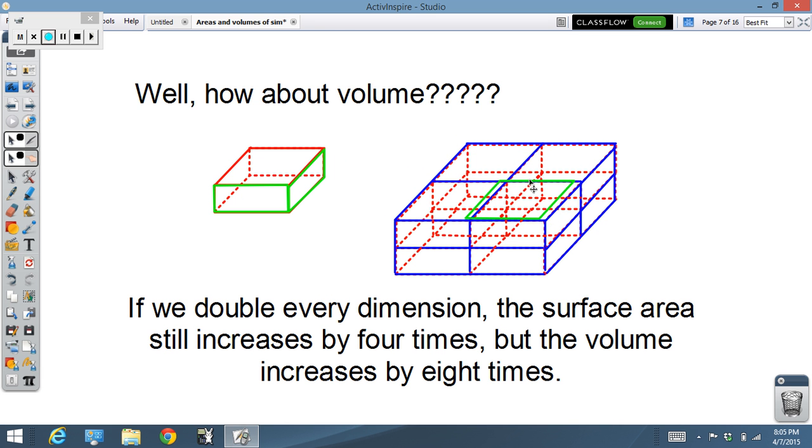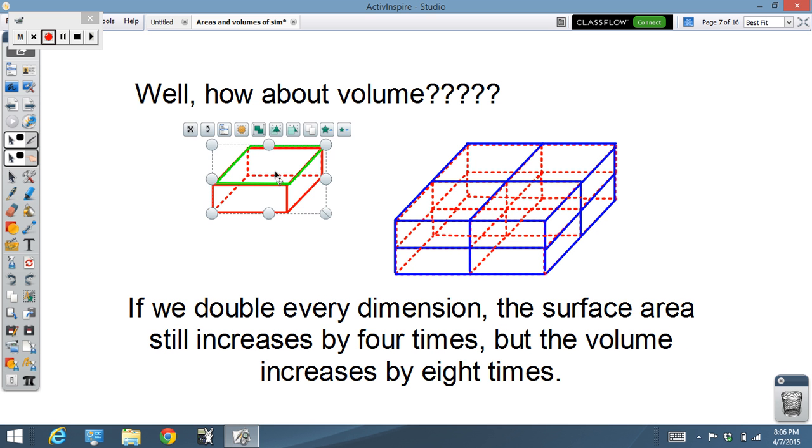Every one of these sides, see the top, how I can fit 4 of the original tops onto the bigger top, 4 of the original front sides onto the new front side. So if I double every dimension, the area still changes by a factor of 4. But check out the volume.